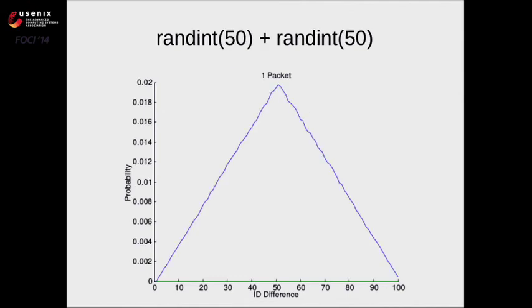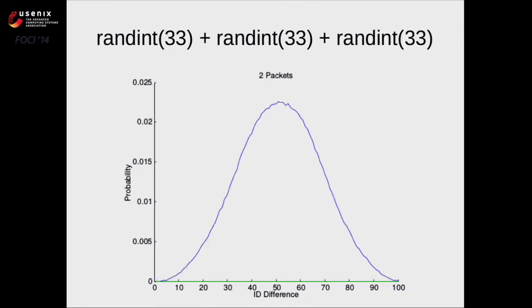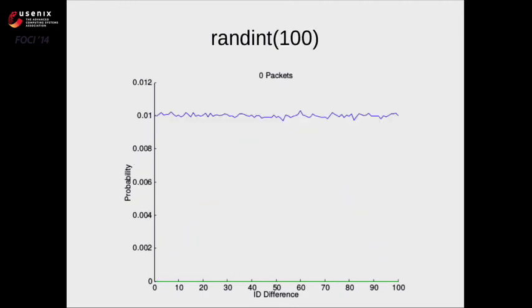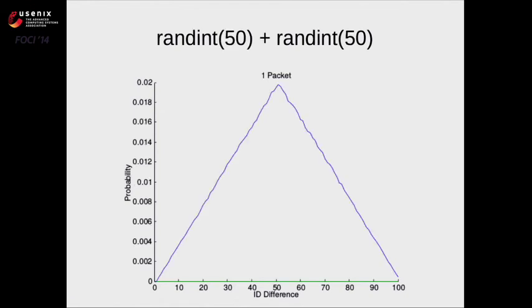But if there's even one packet being sent, and we're seeing randint 50 plus randint 50, we're already seeing a radically different distribution. With 2 packets being sent, and as we increase the number of packets, this of course approaches a normal distribution. But the point is that a sophisticated attacker could probably tell which distribution he's drawing from.